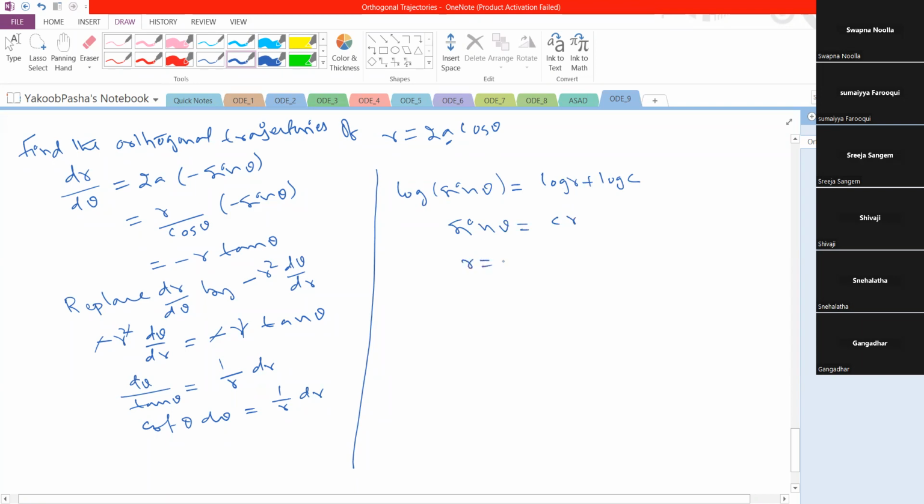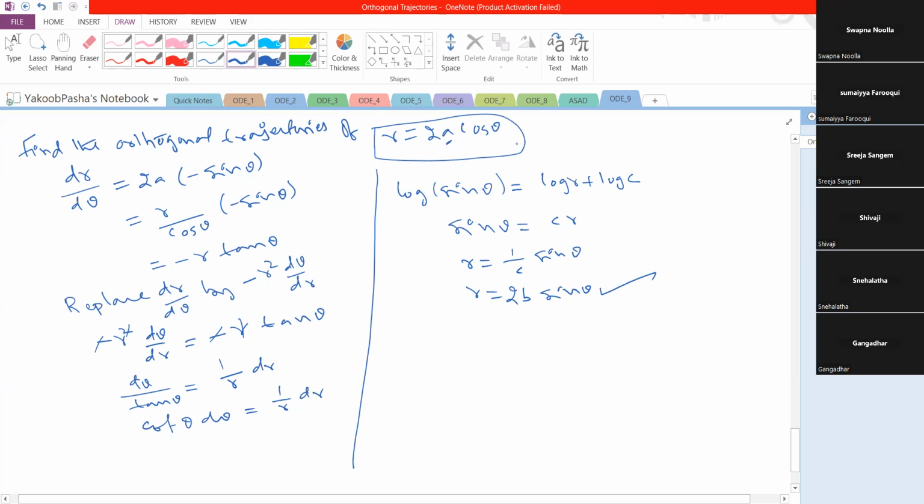So r is equal to 1 by c times sin theta, where 1 by c is the arbitrary constant. So we can take it as 2b, okay, for our convenience. So for r is equal to 2a cos theta, the orthogonal trajectory is r is equal to 2b sin theta. Okay. For r is equal to 2b sin theta, the orthogonal trajectory is r is equal to 2a cos theta.